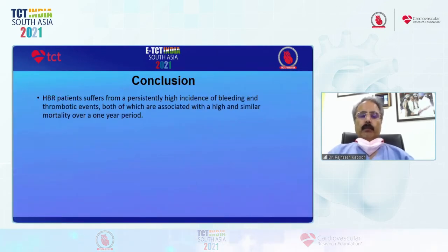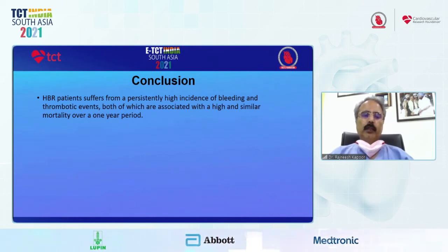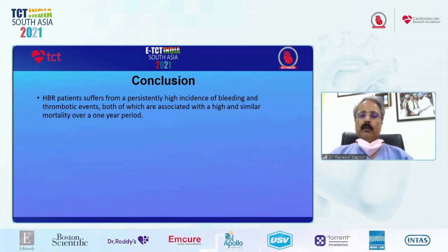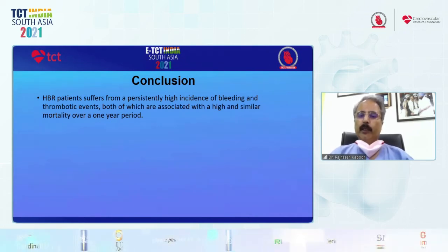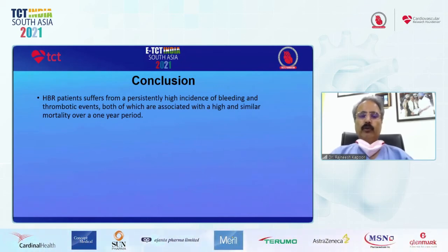So finally, how can we conclude? We know that high bleeding risk patients are more vulnerable to bleeding, and since there is more incidence of bleeding, there is inhibition of carrying on with an intense dual antiplatelet regime, and that also leads to more vulnerability for thrombotic events.